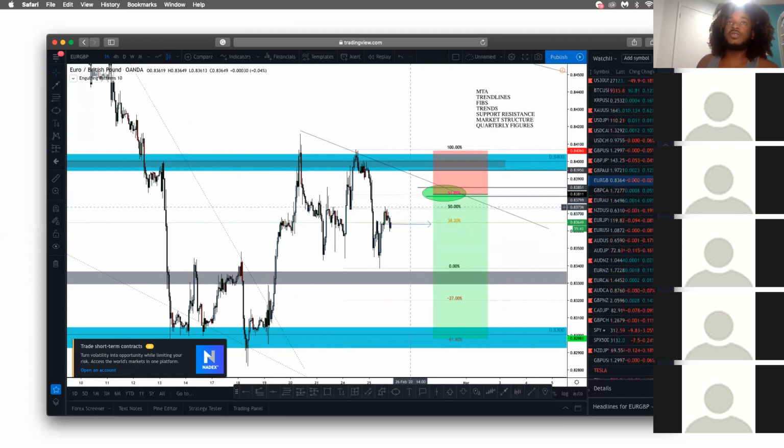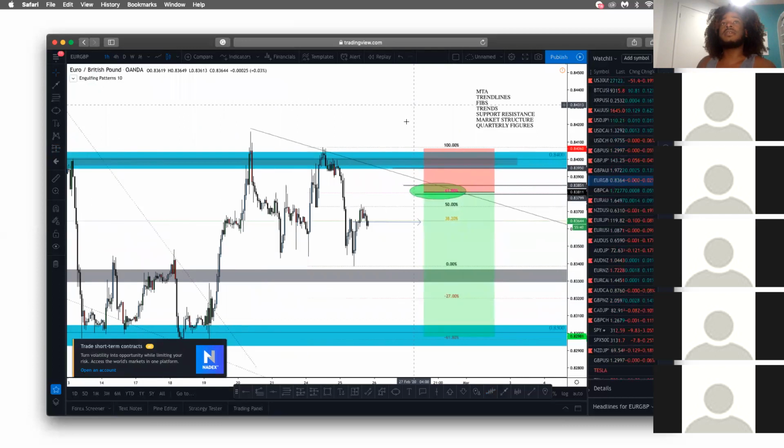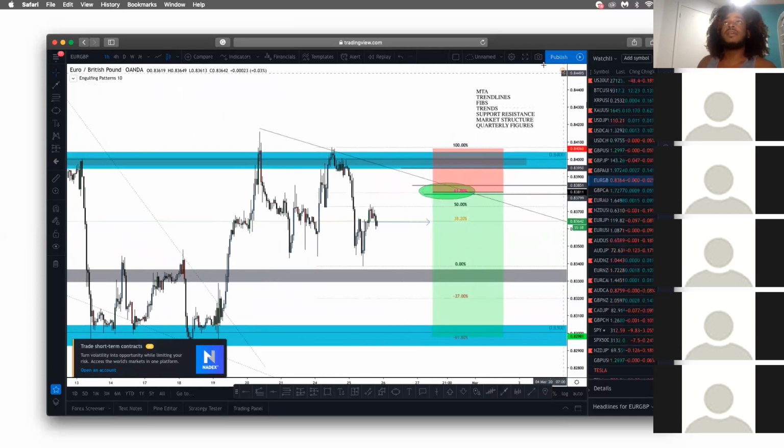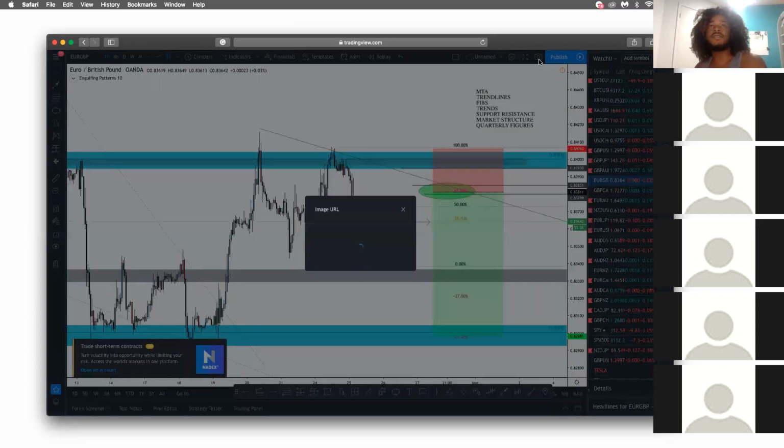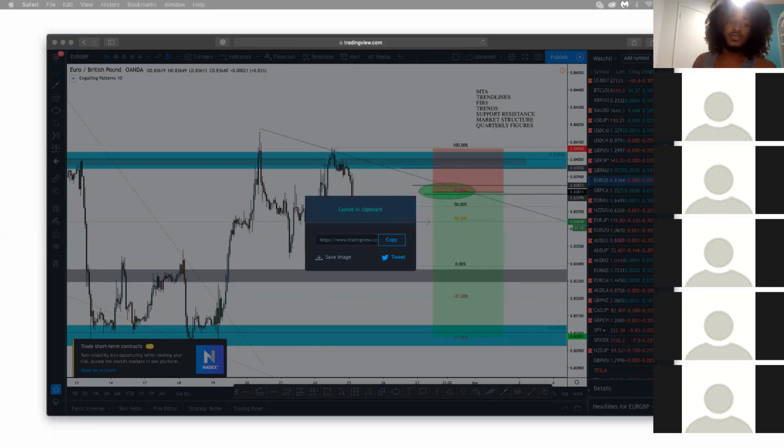When you're doing a markup as a learner, you take a screenshot of this, you drop it in the chat so that a few days from now we could go back to see, okay, did this trade work out? What happened when the market got there? All right, so I'm gonna copy this chart and drop it in the student group so we can have a look at it later on, right?